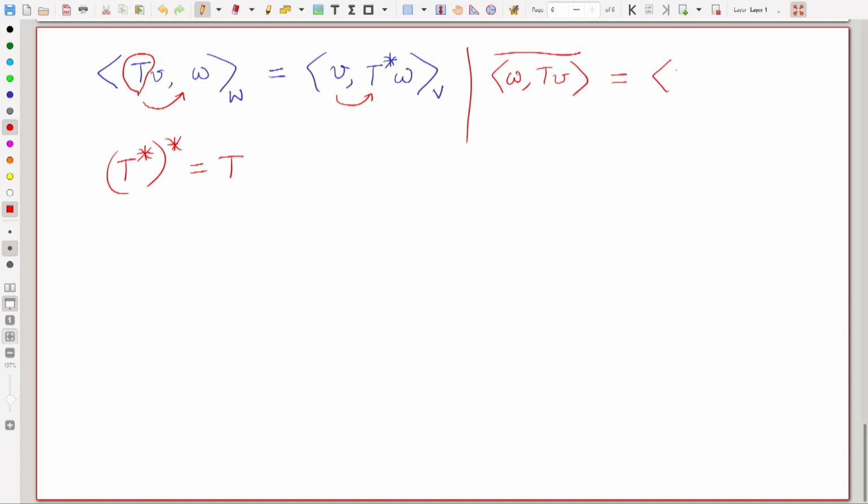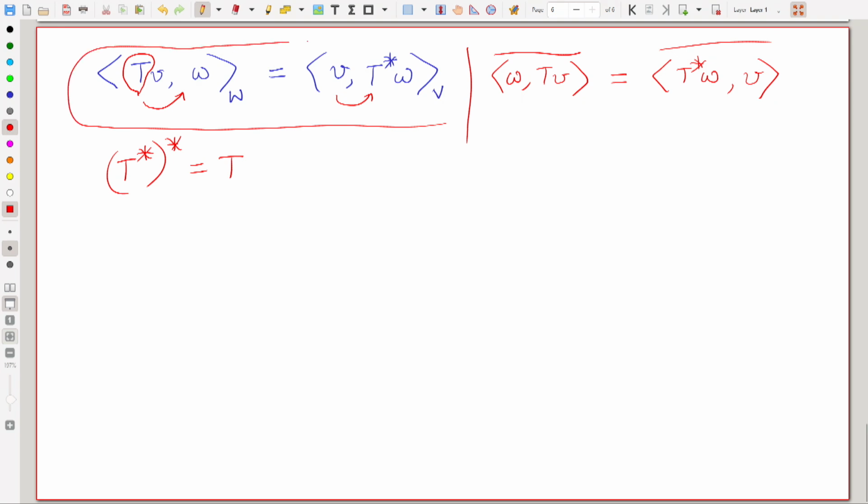That's the left hand side. On the right hand side I will also change the order: ⟨T*w, v⟩ bar. Both come with bars. So all I have done is take the given equation and swap the two sides like that. So it becomes bars, and of course if both are equal with bars, they are also equal without bars. I can take the bar on both sides.